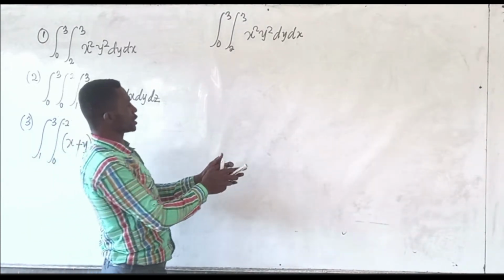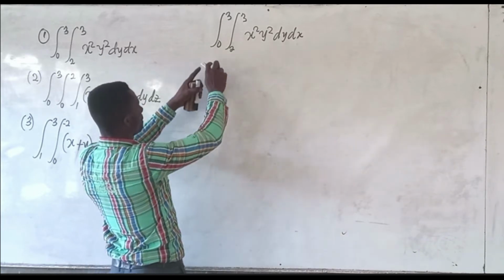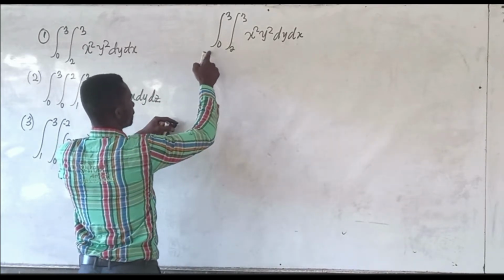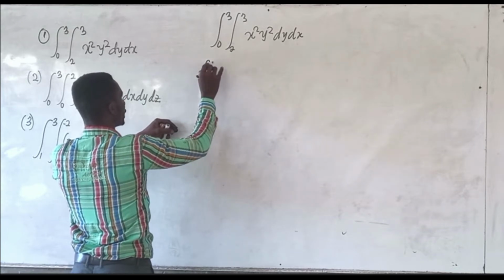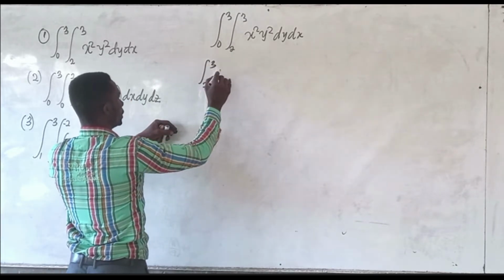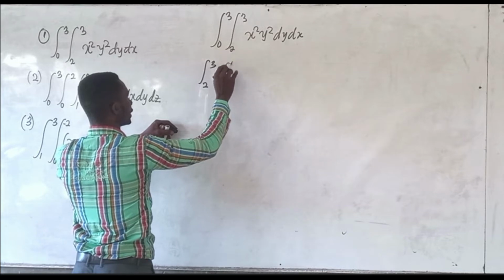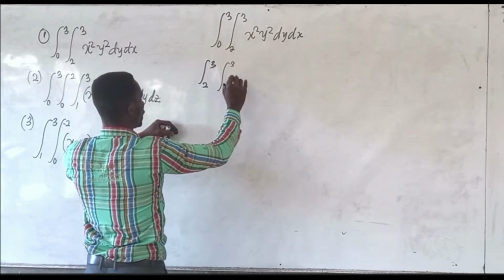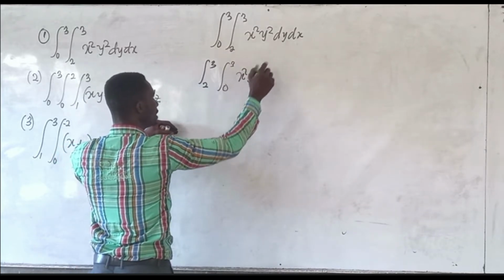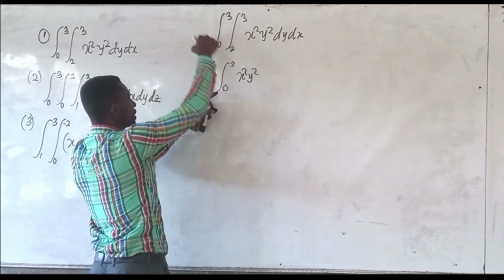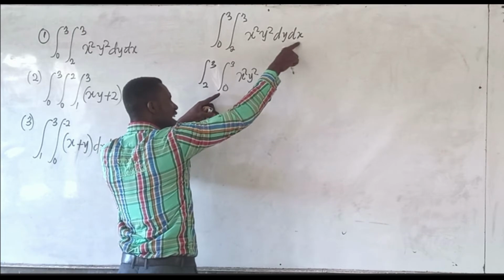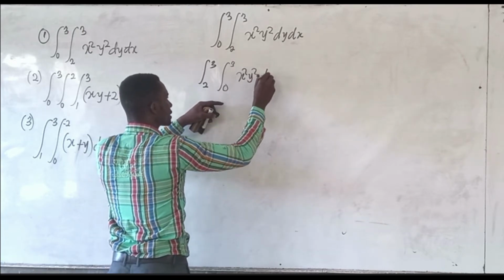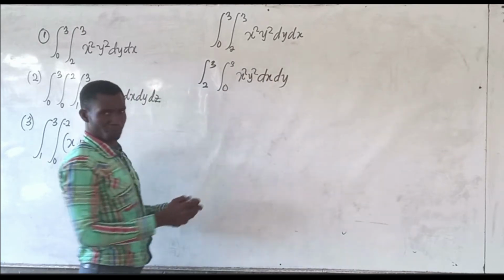It should be the integral from 2 to 3, which is for y, and the integral from 0 to 3, which is for x, so the x which is outside will come inside to be dx, then dy.